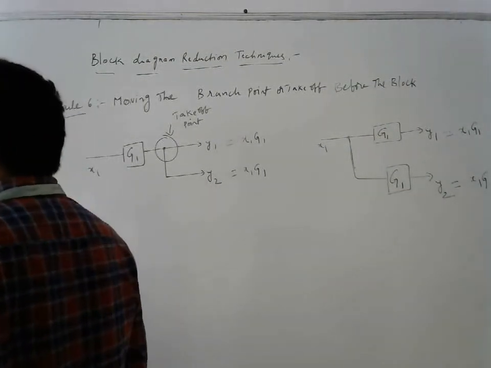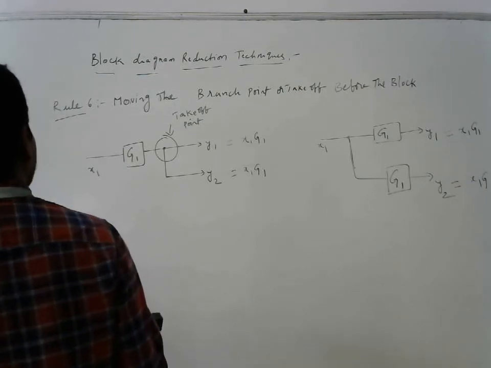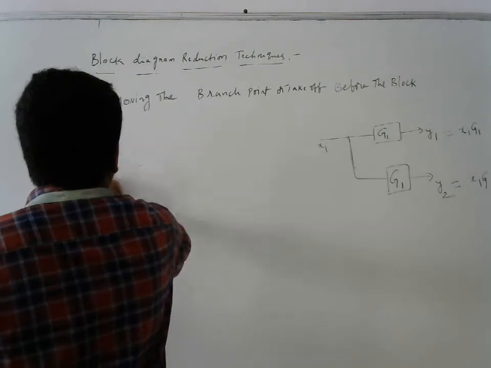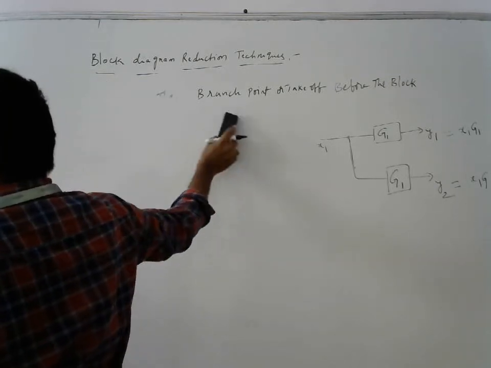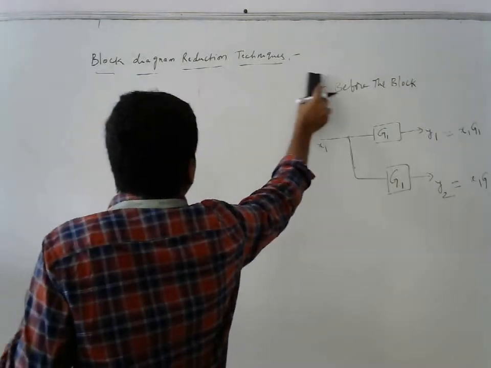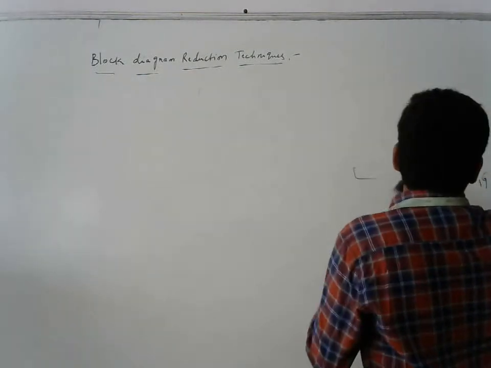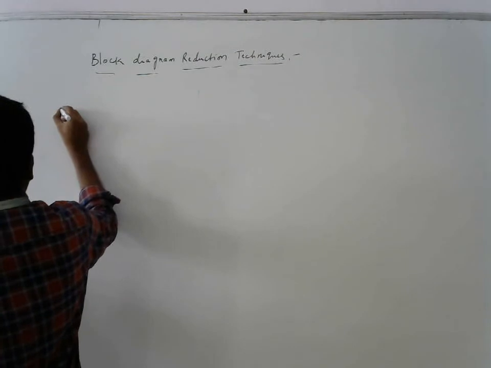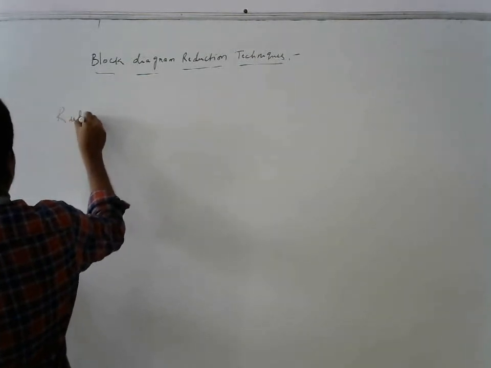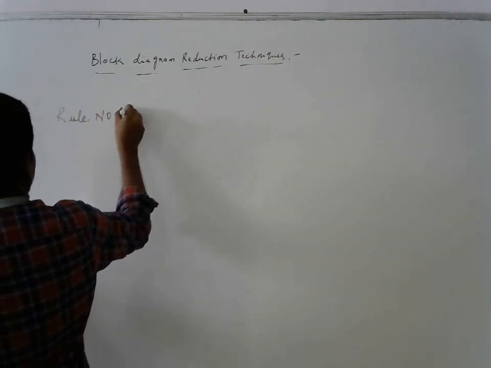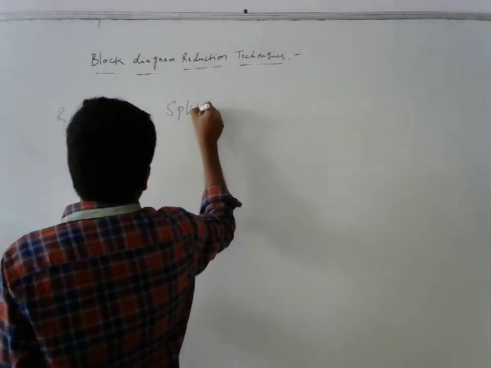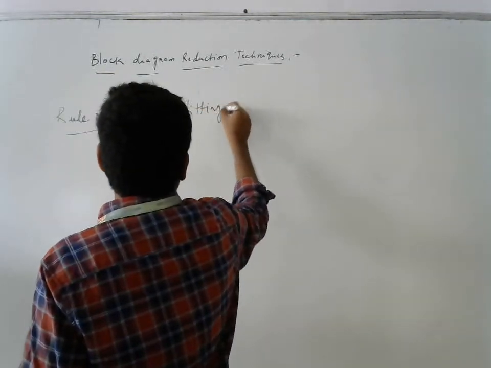And the next rule is rule number 7, splitting the summing point.